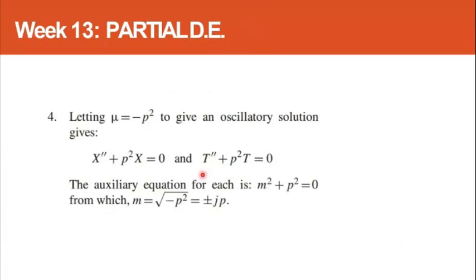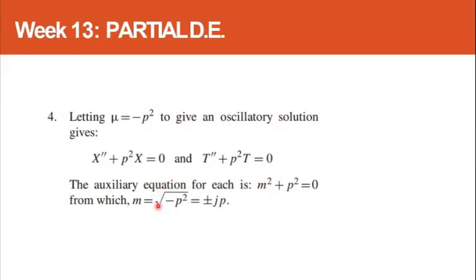Kasi, ano ba yung category ni complex? Kasi ito, di ba, pag kinuha natin yung value nito, itong p squared natin, pwede natin siya ilipat sa kabilang side or sa right-hand side. Kapag nilipat natin siya, magkakaroon tayo ng m squared is equal to negative p squared. Kapag nagkaroon tayo ng negative p squared, square root lang natin siya both sides. Square root natin si m, so makakancel na yung squared niya. Pero, itong value na to, makukuha ba natin yung value niya?